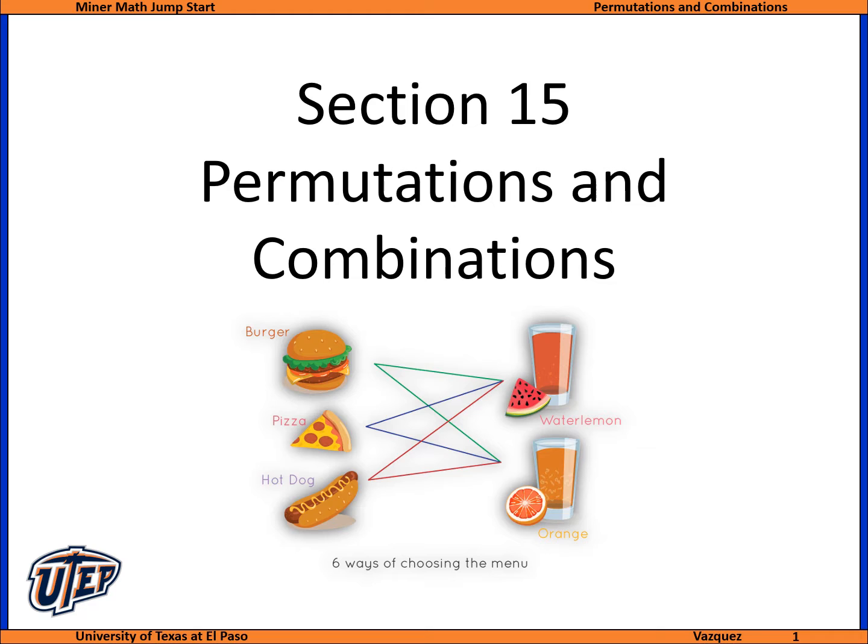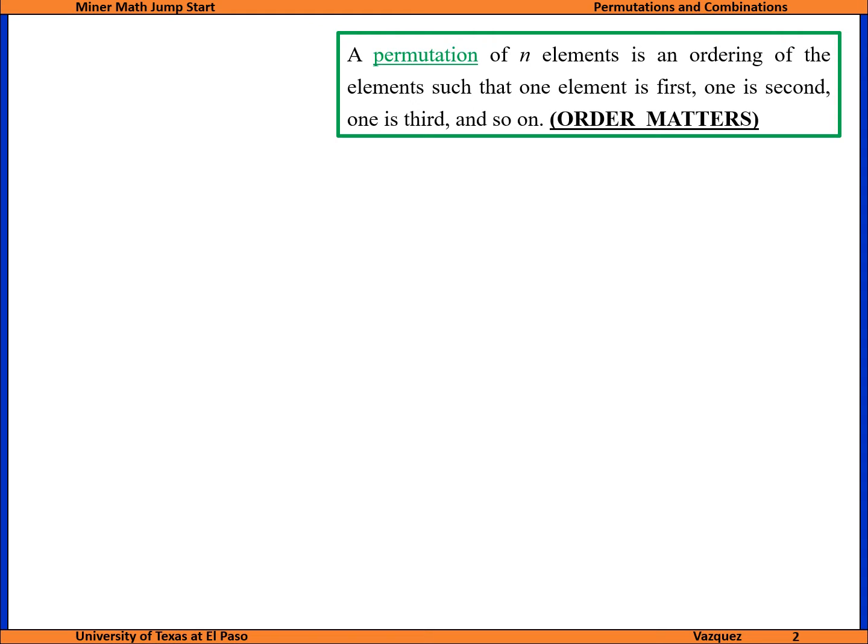And let me just go ahead and show you the first one, permutations and combinations. I'll show you permutation first. So the definition, a permutation of n elements is an ordering of the elements where order matters. Order matters. That's the one thing we've got to remember for permutations. And why do we even need to know this?